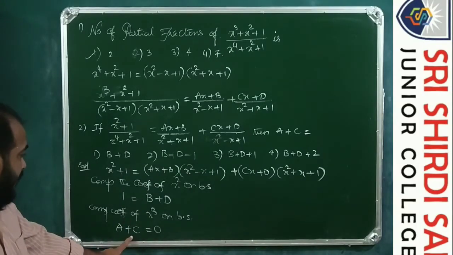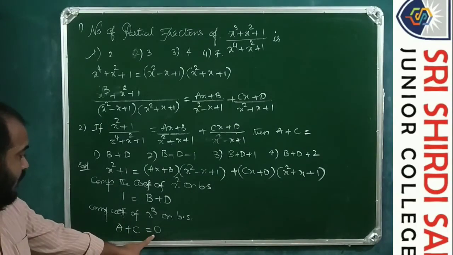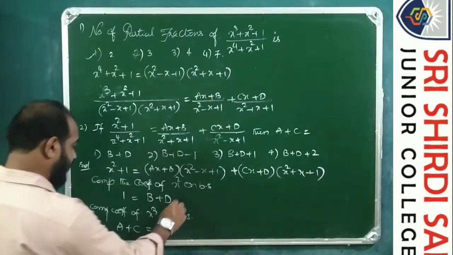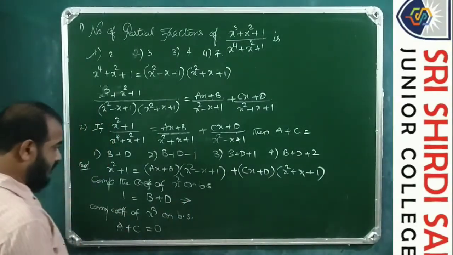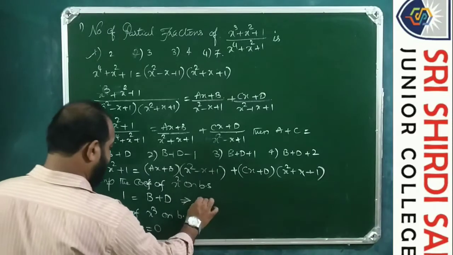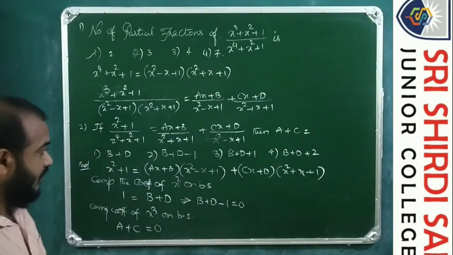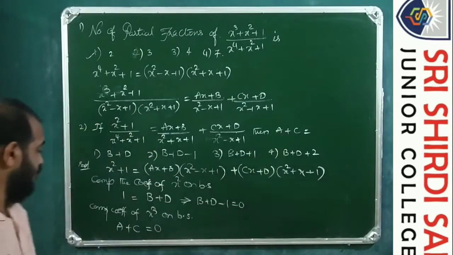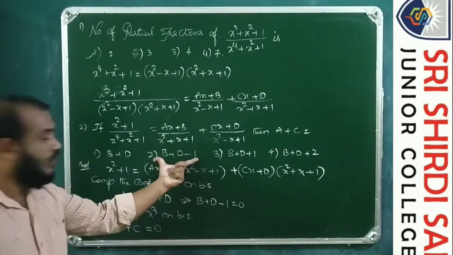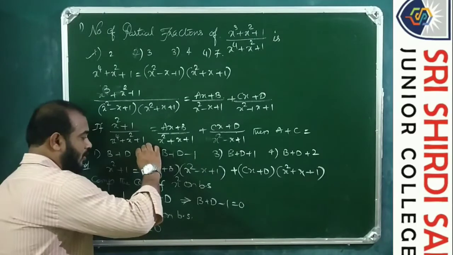So we got a plus c is equal to 0. From this, b plus d minus 1 is equal to 0. So that means a plus c is equal to b plus d minus 1. So the option number 2.